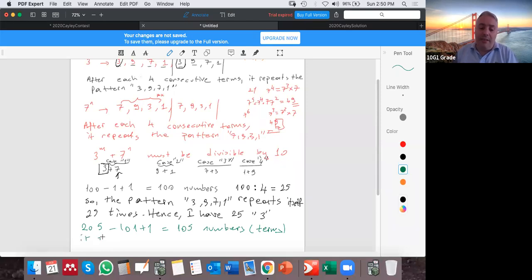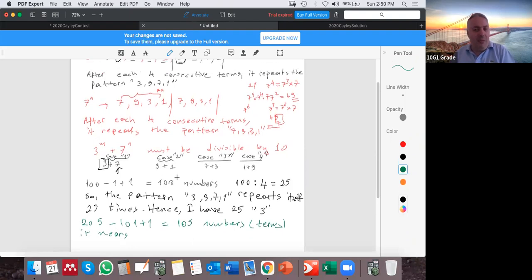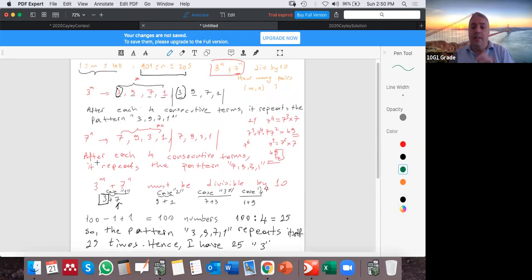It means that, be careful now, this part is important. The pattern of number 7 repeats itself every 4 terms.